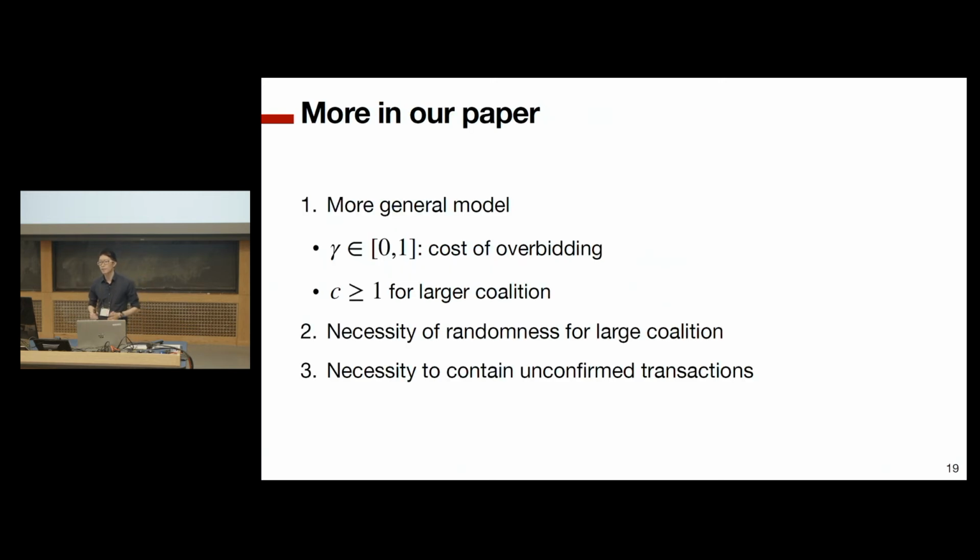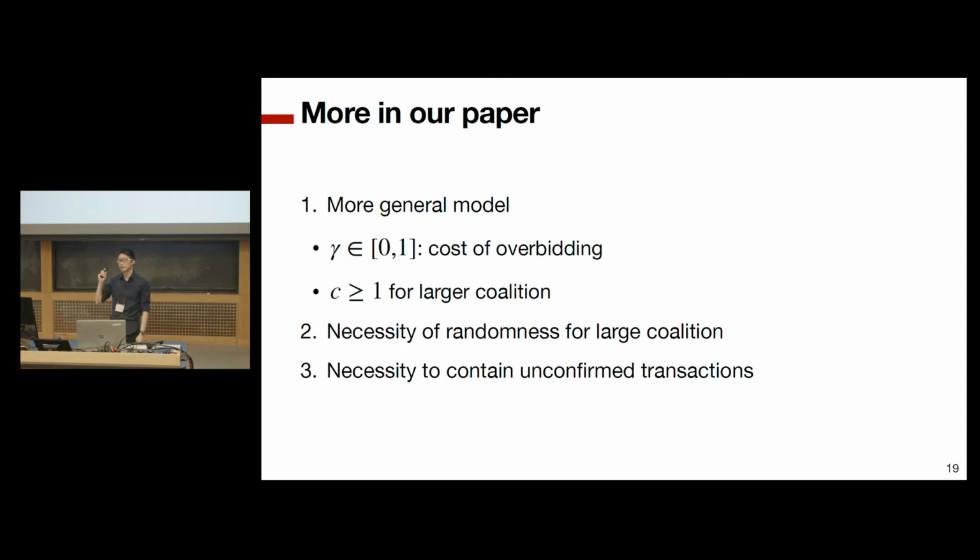Finally, let me briefly mention what else is in our paper. In the pessimistic assumption I just made, we assume that the extra cost for the adversary is the difference between the bid and the true value. Here we have a parameter gamma. 1 means you consider the full difference, and 0 means there is no difference.